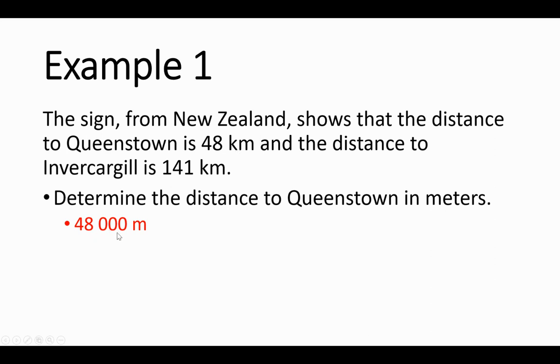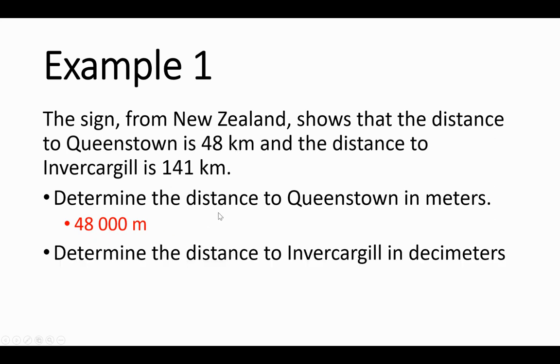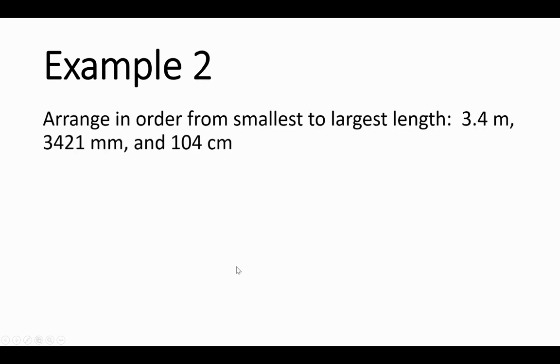So 48,000 meters. And determine distance to Invercargill in decimeters. And this is where having that screenshot is going to be helpful. Maybe I'll take a picture of it from the slides and put that on the homework too. But we are going to move it over to the right quite a few. 1,410,000 decimeters.